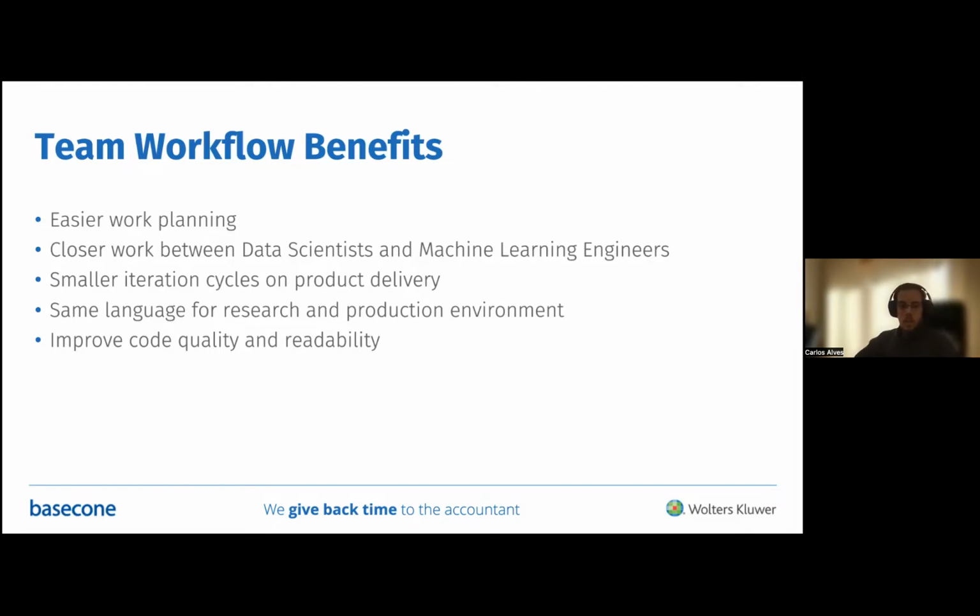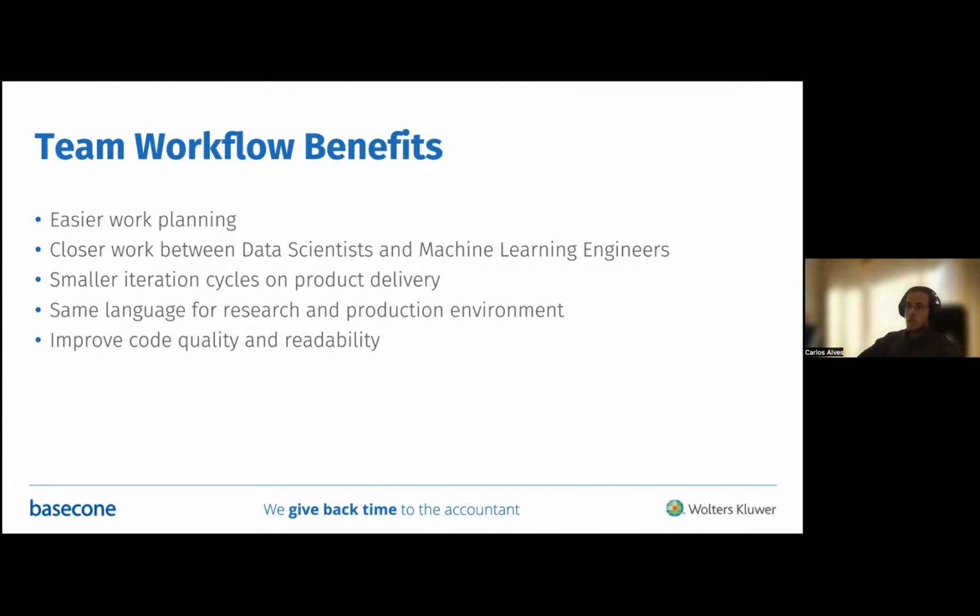Also, as I said, there's close work between the data scientists and the machine learning engineers. They work together in the reviews, in pair programming if needed, to guarantee that the code that is produced has quality enough to be deployed in production. The cycles of iteration are smaller, and we can deliver products faster, because we don't have repeated code.